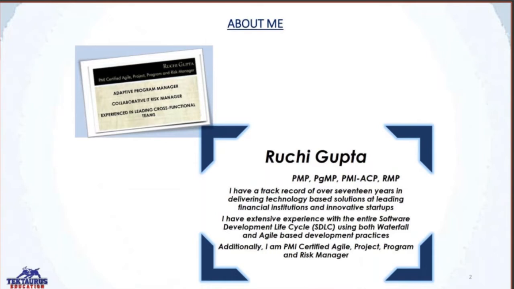I started out as a Java developer for Merrill Lynch, then moved around a little bit, went to TekTaurus as a business analyst. Then I worked in JP Morgan Chase as a project manager. Then I worked for a few years in Goldman Sachs as a program manager, then in Citigroup as IT risk manager. And then decided to switch things a little bit.